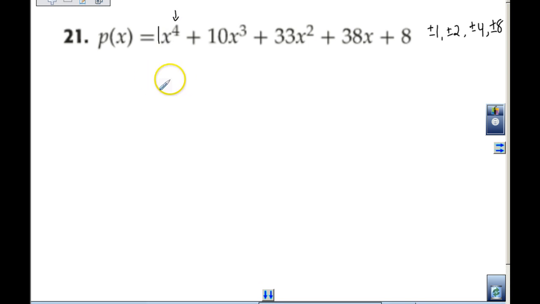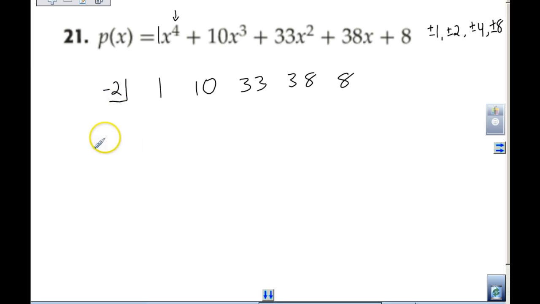So those are the possible rational roots. Alright, so let's begin. Once again, I'm just going to cut to the chase and go the solution route without doing the trial and error. So our first rational solution is going to be -2. Okay, bring down that 1. Simplify it.